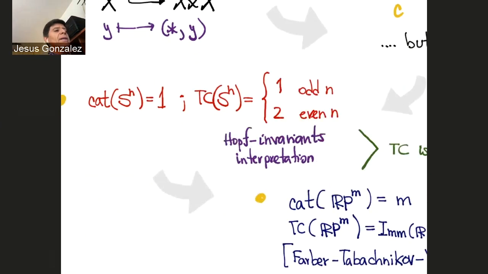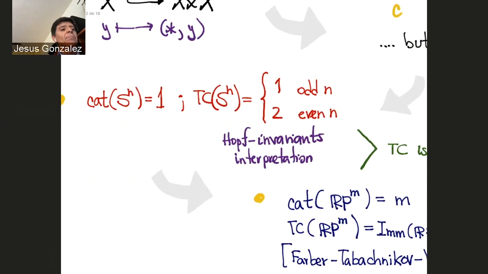And here's another example that I like, and it will be important for what I'm going to be doing later in the talk: the category of spheres, which are one of the favorite objects for an algebraic topologist. The category of one of these spaces is 1 because these spaces are made up of two contractible spaces, whereas the topological complexity of a sphere is either 1 or 2, depending on the parity of the dimension of the sphere.